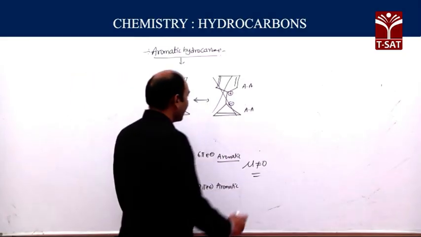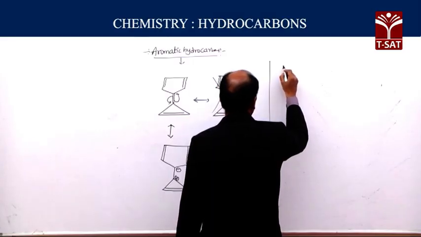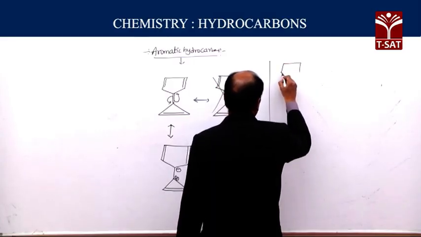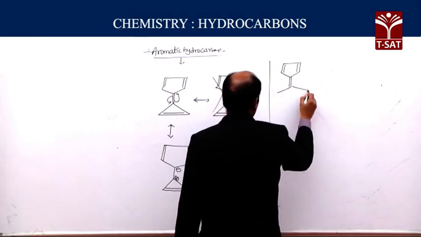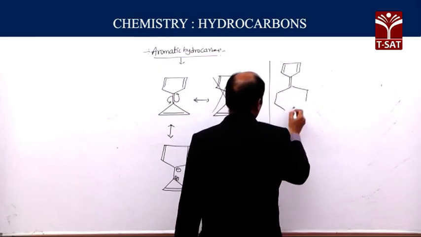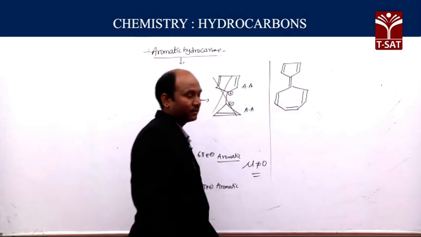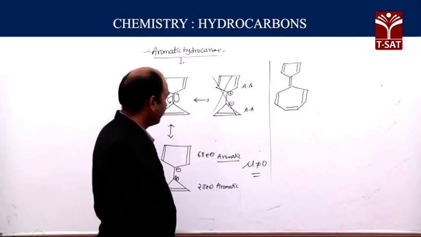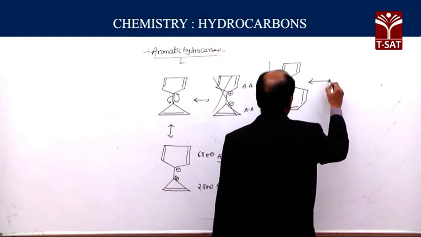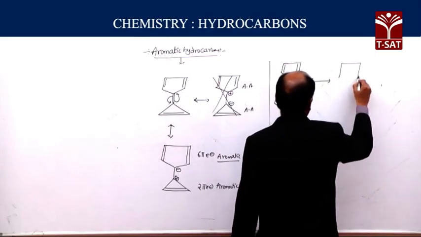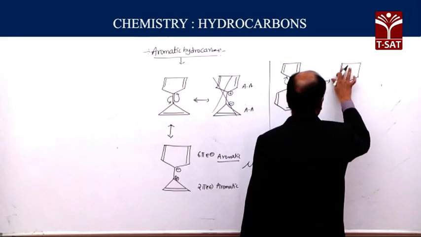So next, let us apply one more example here. Suppose we have a 5-member ring fused with a 7-member ring. Which side do we have to migrate the electrons? Let us migrate from here to here, migrating the pi electrons such that the compound gets stability.